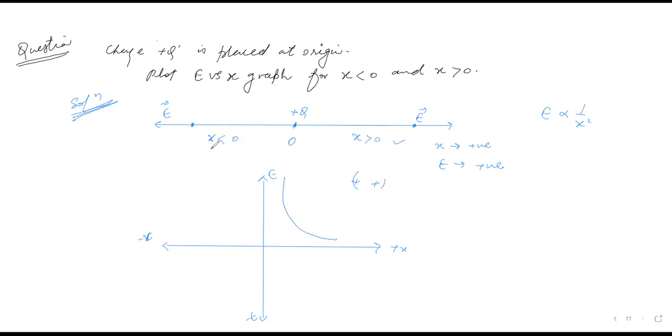In this coordinate, X is less than 0, I mean negative, then E also is negative, I mean in this direction. This is your minus X and minus E. All right or not? So please note it down once again.